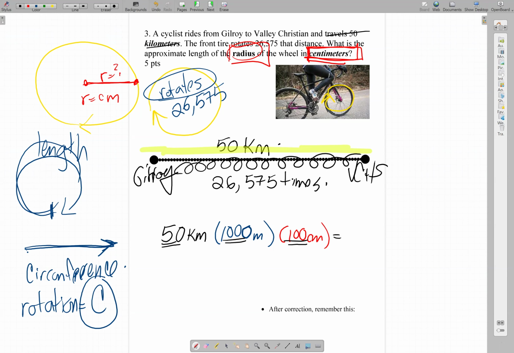Since this is metric, all you have to do is count the zeros. Yes, you can use a calculator, but I'm going to show you how to do this just counting zeros. 1, 2, 3, 4, 5, 6 zeros. Put the 5 there. So there are 5 million centimeters from Gilroy to Valley Christian.